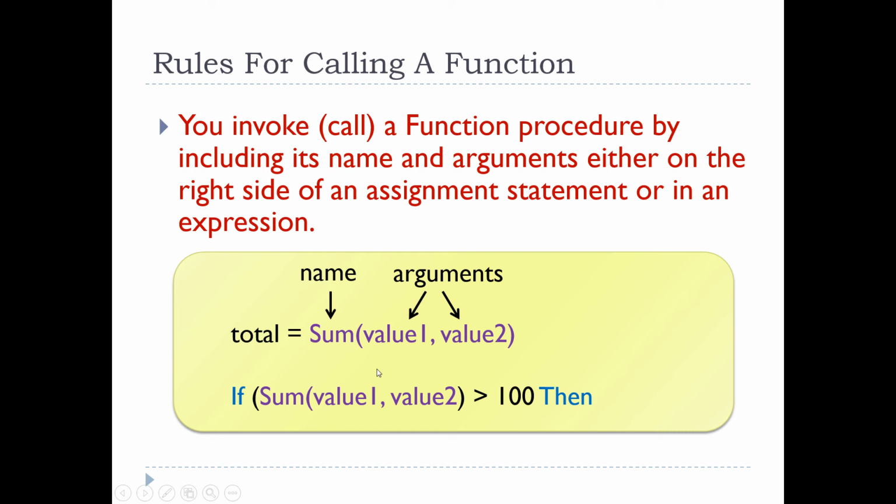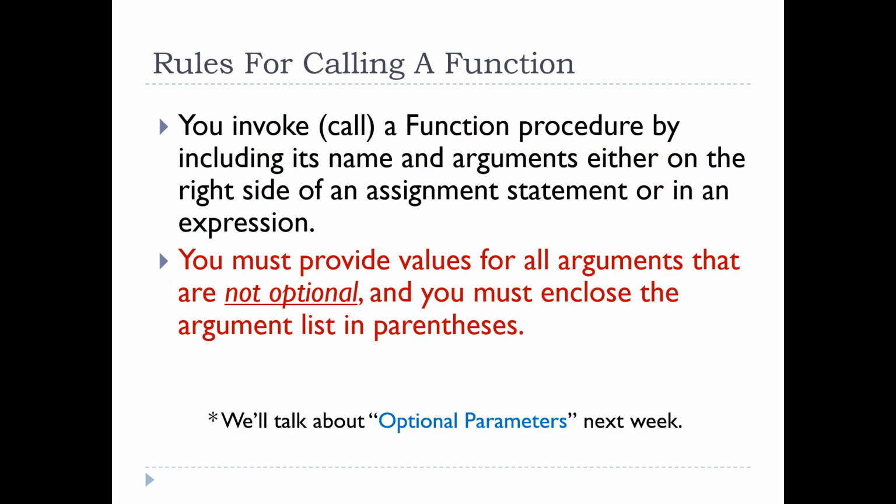Instead of saying 10, you use the function to calculate some value and return the number back as a value. So we could pass 5 and 2, you add them together, you get 7, so you say if 7 is greater than 100. That's fine. You put it inside an expression like this, or on the right side of the equal sign only.